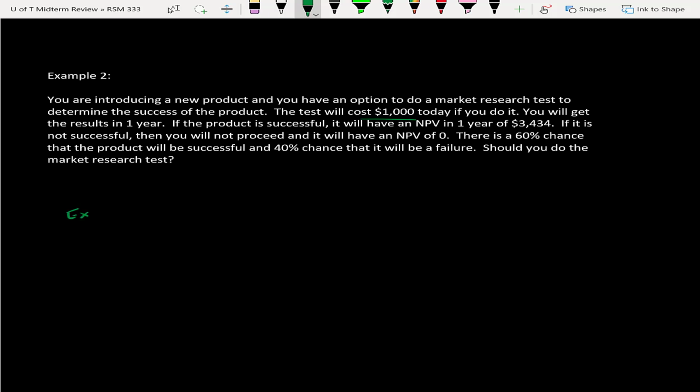The expected payoff of this, or the expected NPV of doing the test, is negative 1,000, which is the cost, plus the expected NPV of the project. So what is the expected NPV?